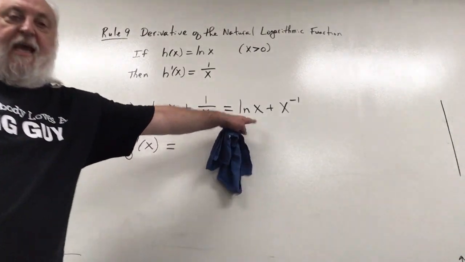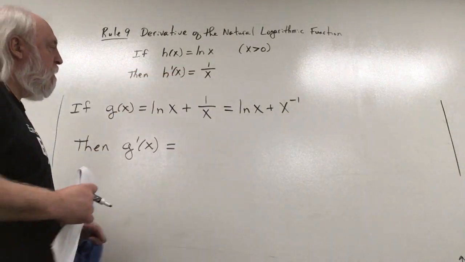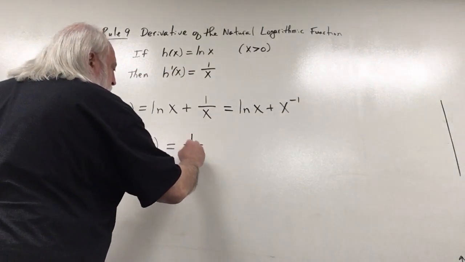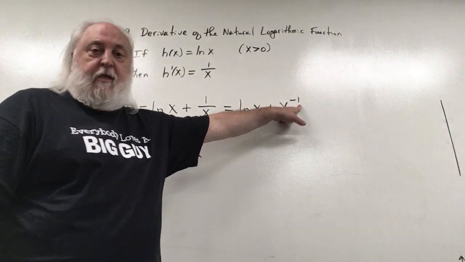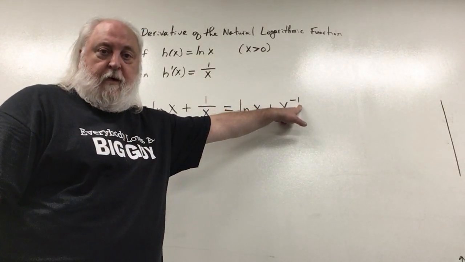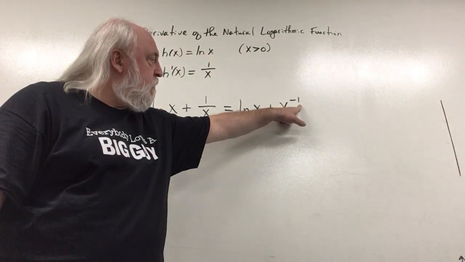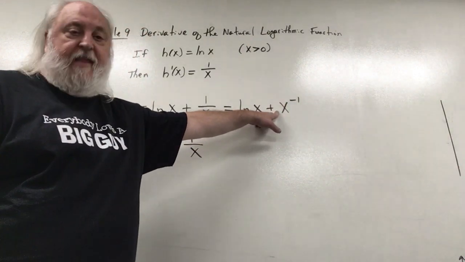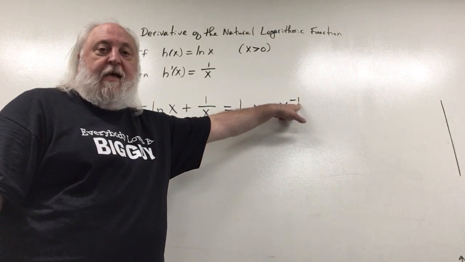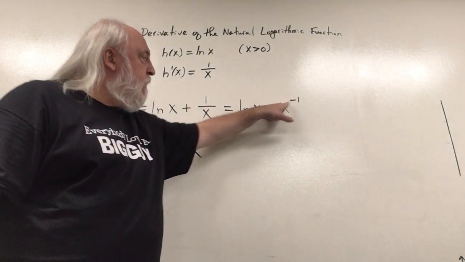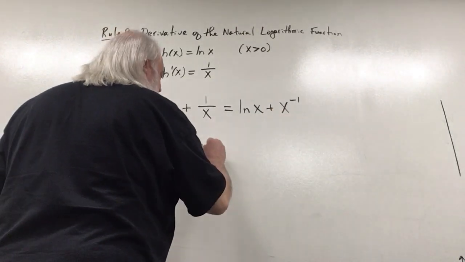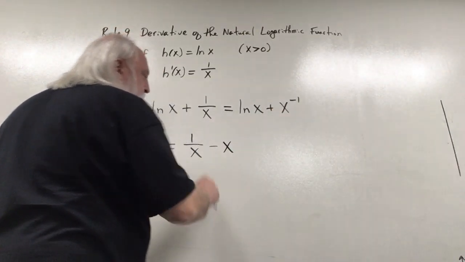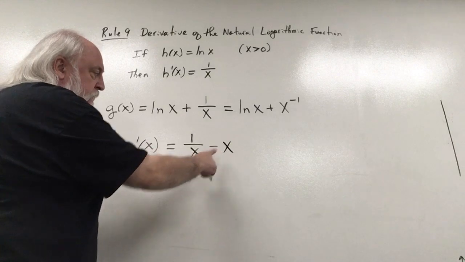Differentiating term by term, we get the derivative of g of x, denoted g prime of x. The derivative of the natural log of x from up here is 1 over x. And then in finding the derivative of x to the minus 1, we use the power rule, basic rule number 2. Bring the minus 1 down in front of the x, subtract 1 from the exponent. So instead of plus x, we have minus x, there's an invisible minus 1 in front of the x.